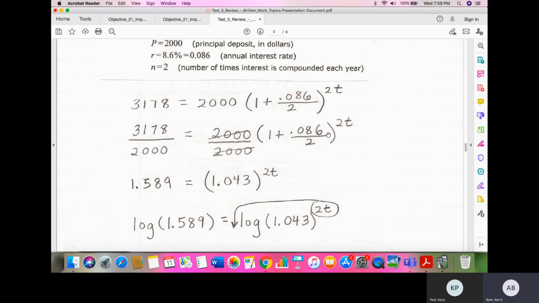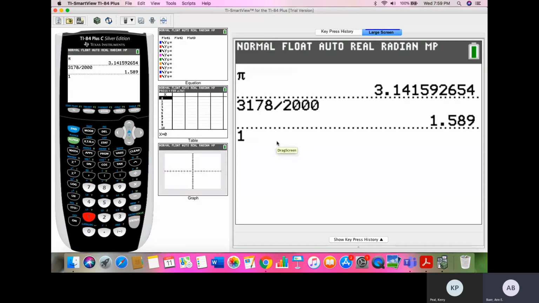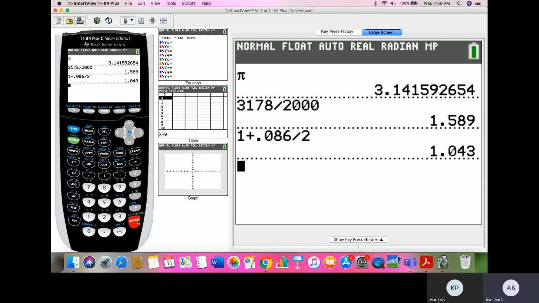So then I put 1 plus 0.086 over 2 in the calculator. If I go back here and do that, I get 1 plus point, bottom row, 0.86 divided by 2, and enter.